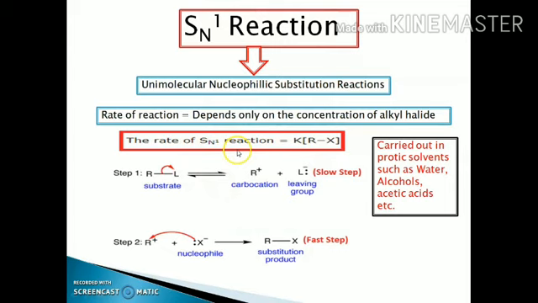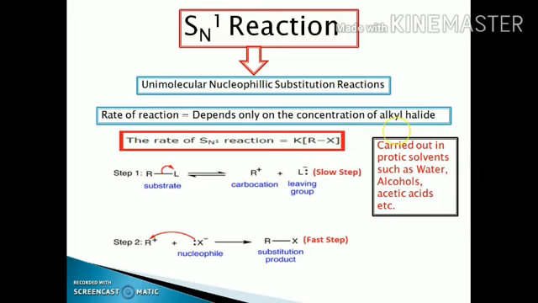The rate of the reaction can be represented by k[RX]. Here the square bracket represents the concentration of the alkyl halide. This type of reaction is only carried out in protic solvents such as water, alcohol, acetic acid, etc. Protic means those which easily give H positive ions.